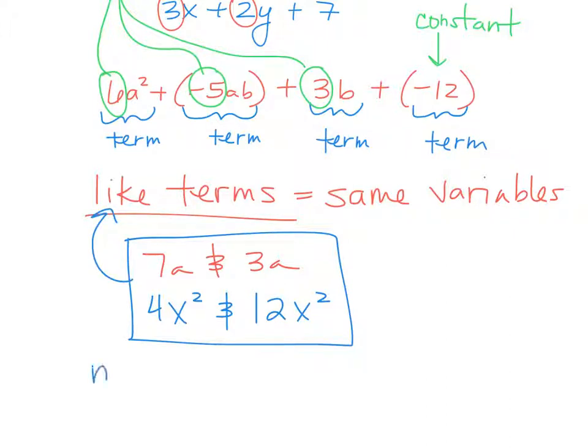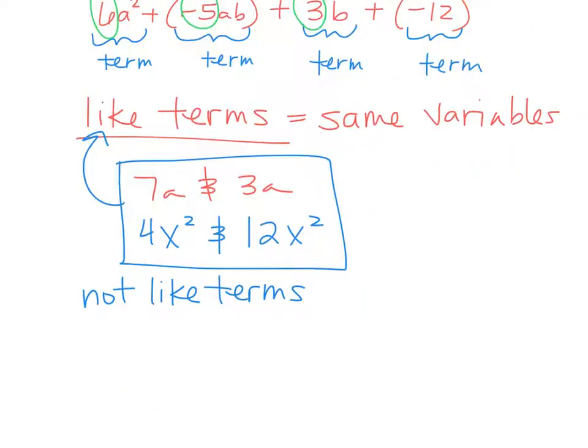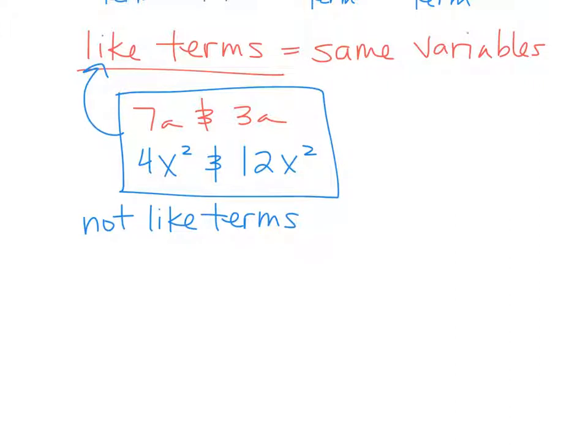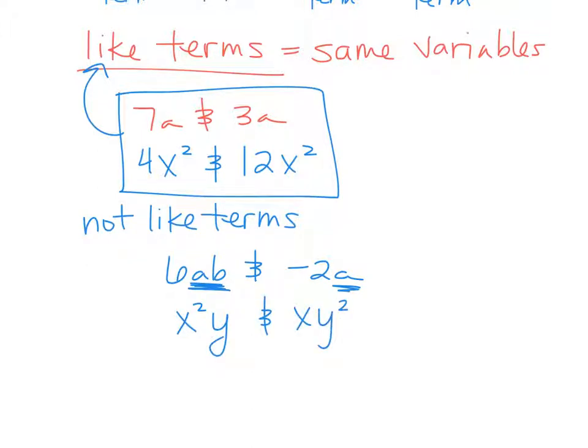Some that are not like terms would be something like 6ab and negative 2a. Notice the difference. This one's ab, this one's a. Those are not like terms. Okay, or maybe it's x squared y and xy squared. It has all the same variables involved, but one is x squared and one is y squared. Those are different, so those are not like terms. Okay, questions on that?